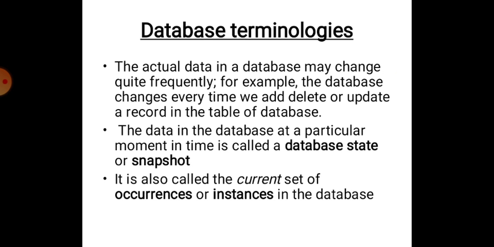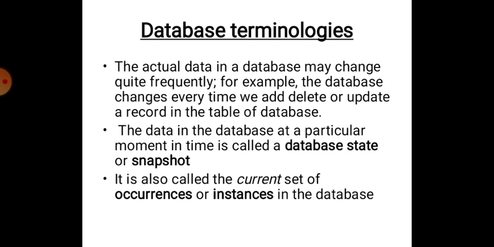So for example, if there are 10 students, there are going to be 10 records. Okay, so the database has 10 records, and once one student leaves, his information is deleted. So one record is deleted. That means there are 9 records. So this way the data changes in the database.